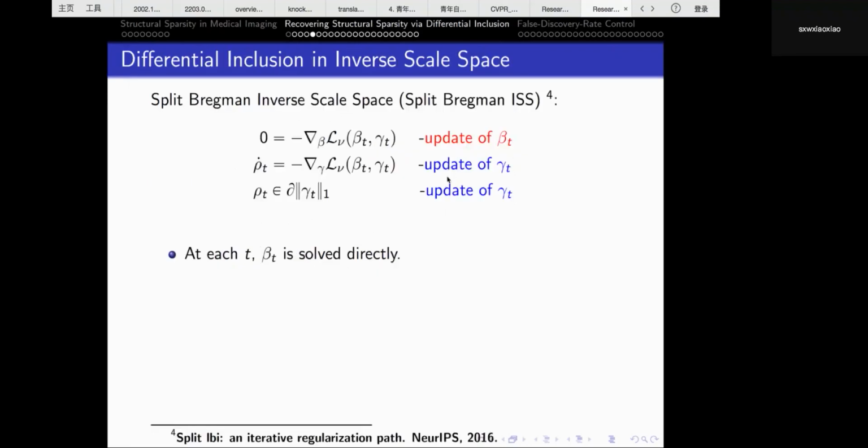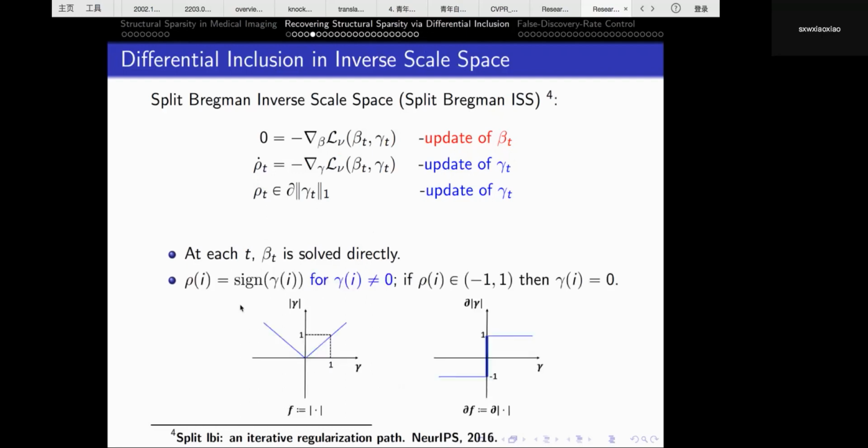This differential inclusion is composed of two parts, the update of beta and the update of gamma. At each time step, beta can be solved directly. And for gamma, we introduce another parameter called rho, which denotes the subgradient of the absolute function of gamma, which is illustrated here.